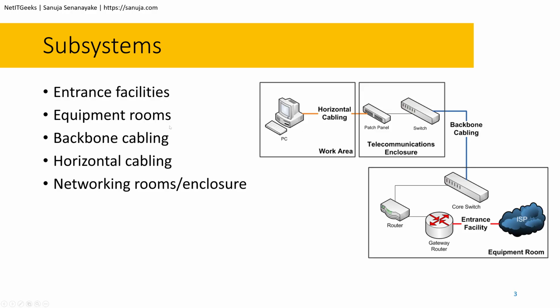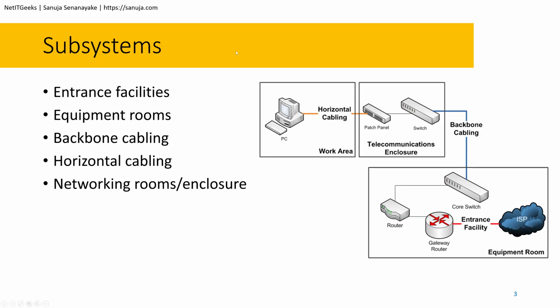The equipment rooms house equipment and wiring consolidation points that will serve the users inside that building or a designated area called a campus. If you have watched my previous lectures on CCNA and even CCNP and other courses, I have used the term campus multiple times. What campus basically means is a designated area that the customer is responsible for.